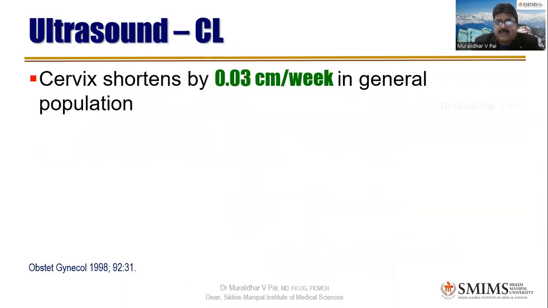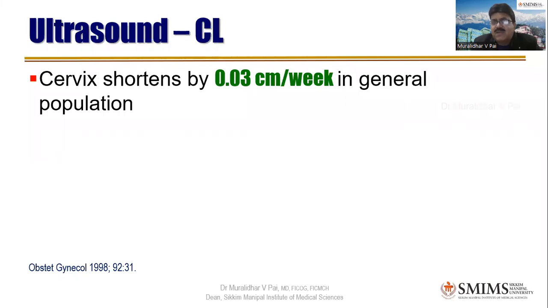So as I said, cervix shortens by 0.03 centimeters per week in general population. Of course, we are not going to look at this every day, but they have calculated over a period of time. It simply means that the cervical shortening is very, very negligible, very, very slow.